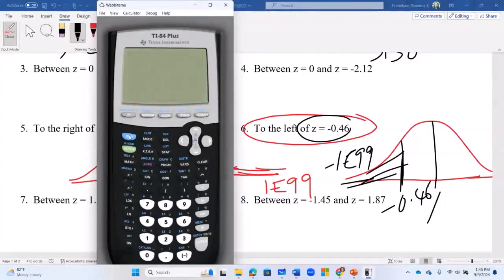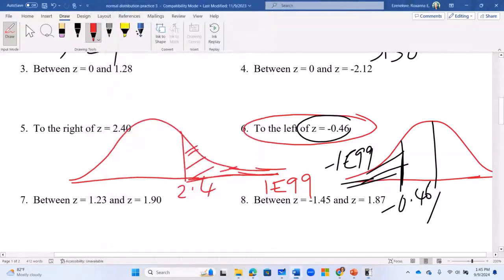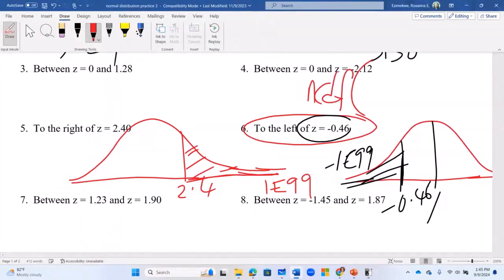So I go to second distribution. And by the way, let me write the formula: normal CDF, lower bound is negative infinity, which is negative 1 e to the power 99.